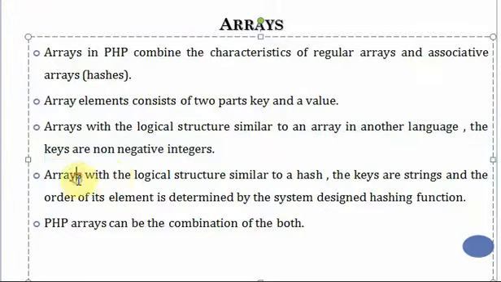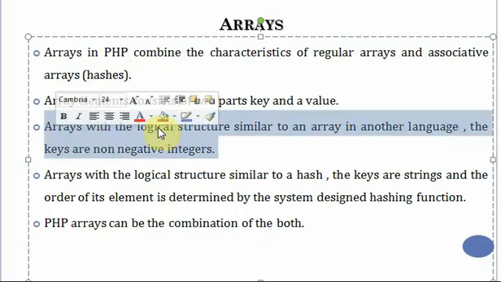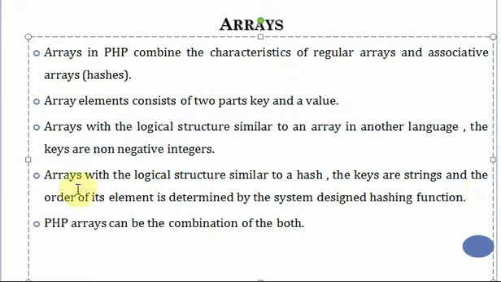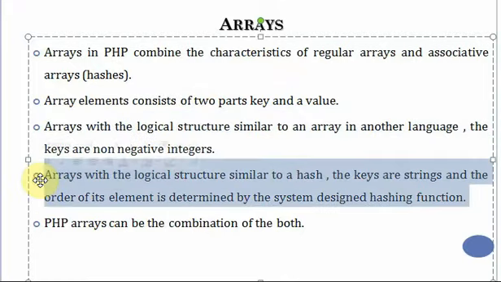Then there are arrays with logical structure similar to that of a hash. In the beginning we said it can be a combination of arrays of a typical language. What we just saw was the logical structure of any other language, whereas the next part we are going to learn is the associative array or hash. In this case keys are strings and the order of elements is determined by the system's design hashing function.